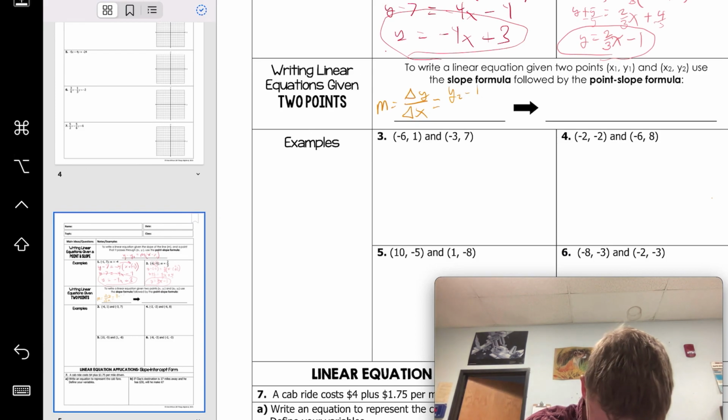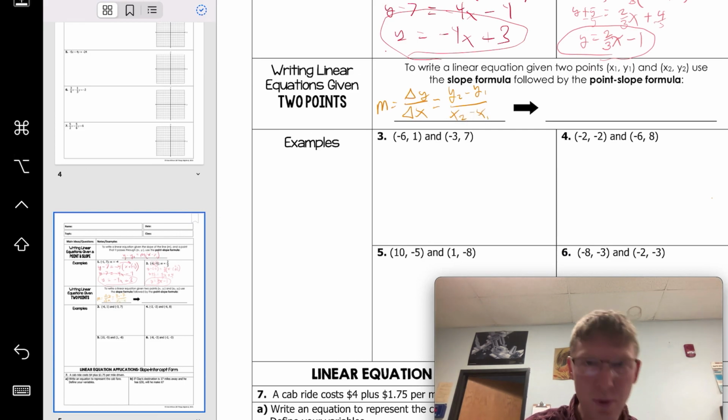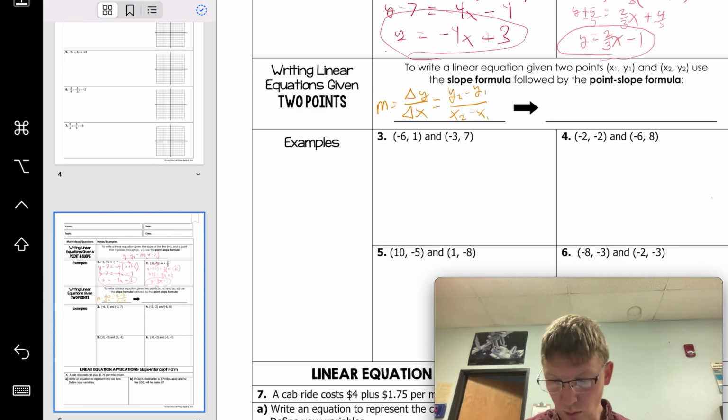What that translates to is y2 minus y1 over x2 minus x1. Basically, you take 2 points and you call it point 1, point 2, and that first point has x1, y1. Second point is x2, y2. It doesn't really matter what order the points go in as long as it's the same.